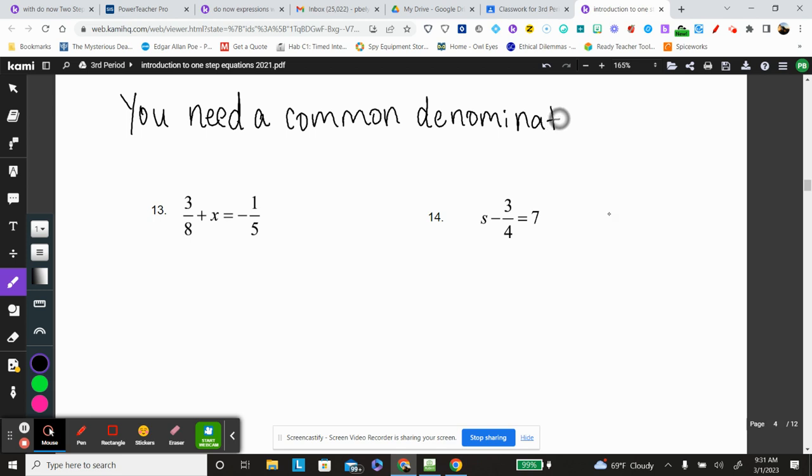You're looking for a common multiple, guys, but you need a common denominator. In other words, you need to do the T-chart on this, okay? Some of you might be good enough with this now that you don't need the T-chart. How many of you think you still need the T-chart? We'll see.